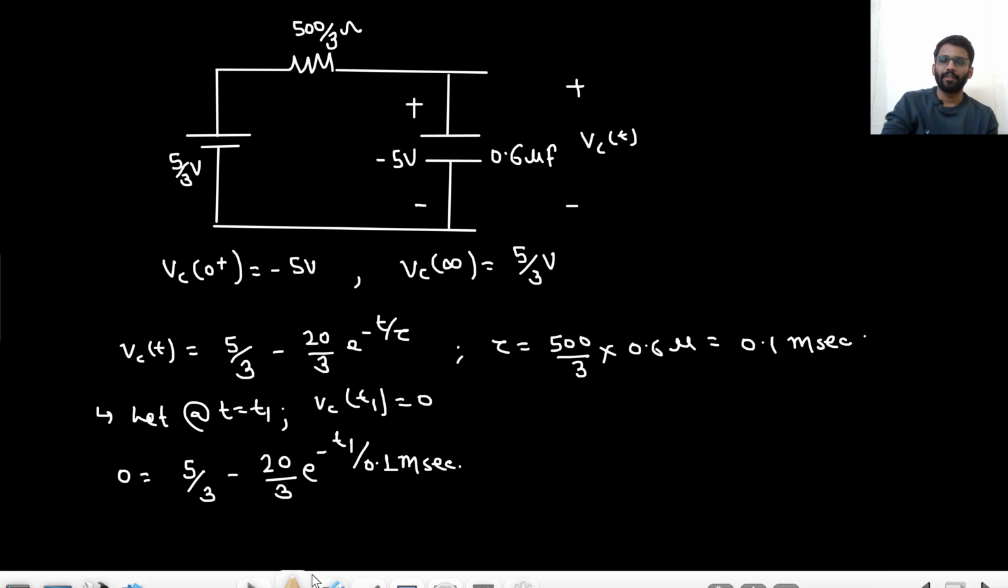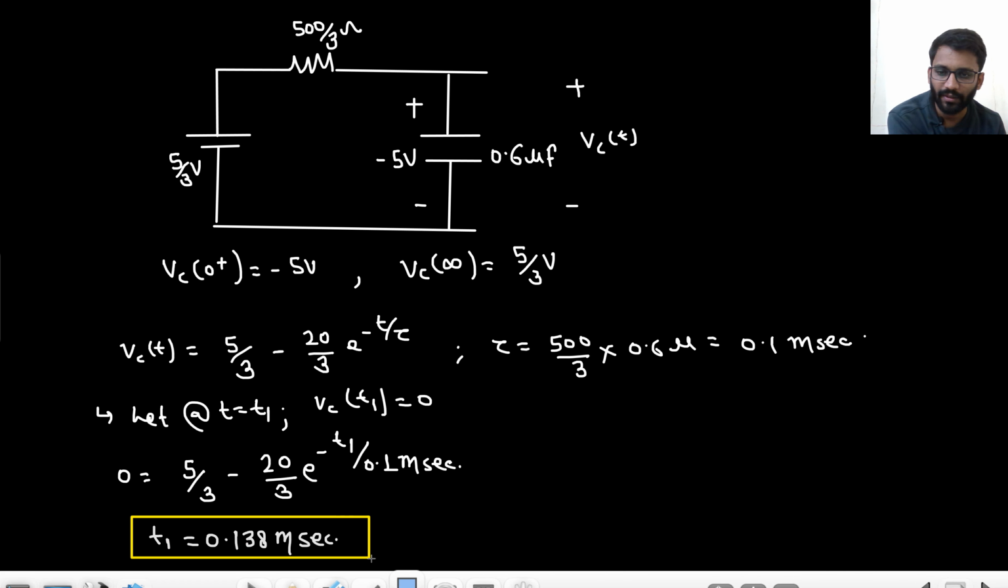So what is the t1 value that you will get? That will be ln 4 into 0.1, that means 0.138 millisecond. So this is your final answer.